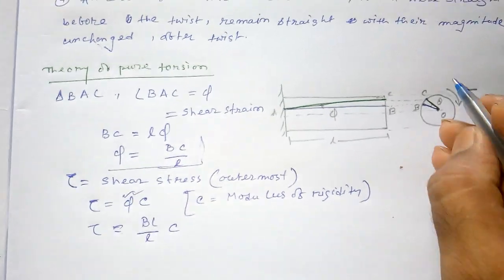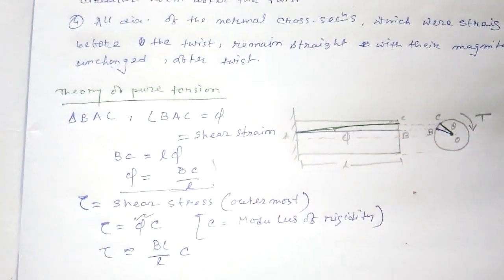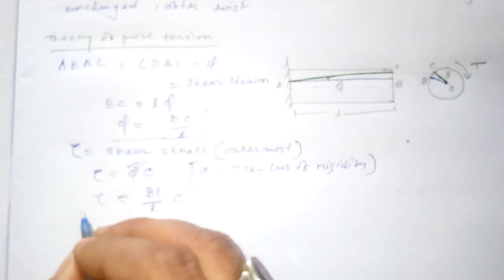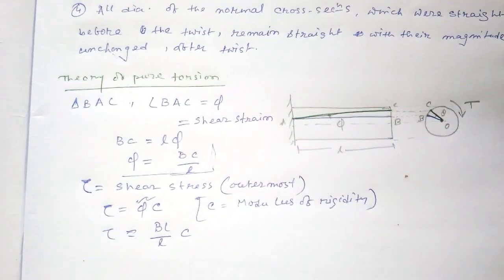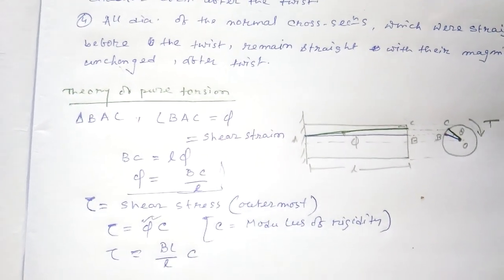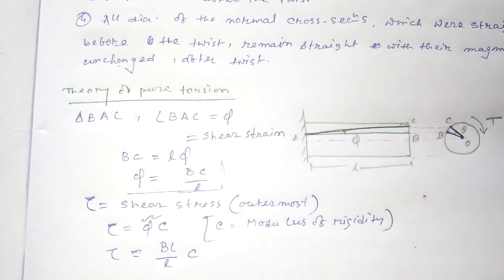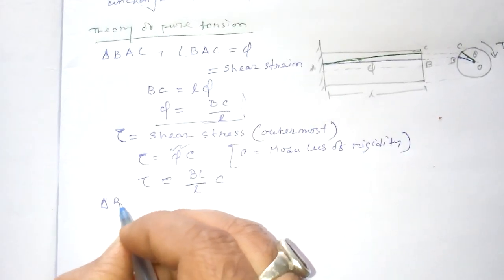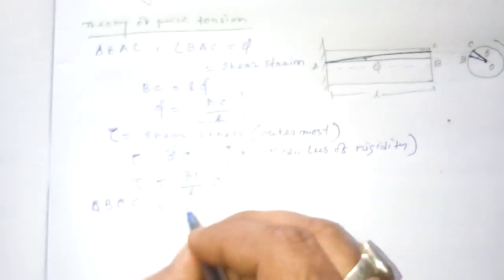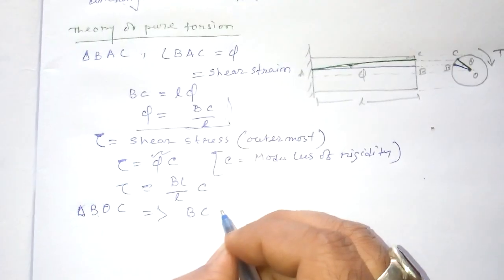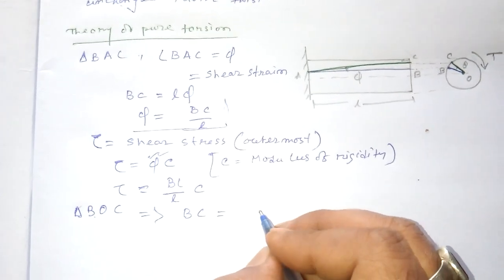Now from this triangle BOC, we can get BC.